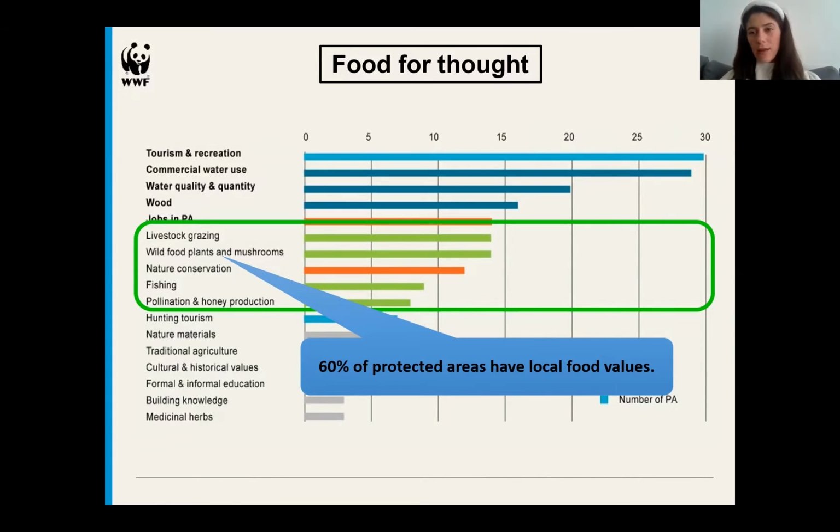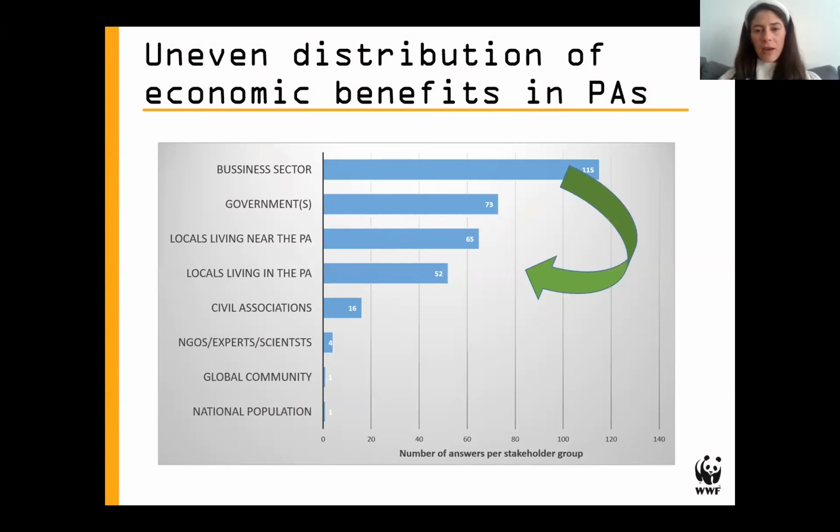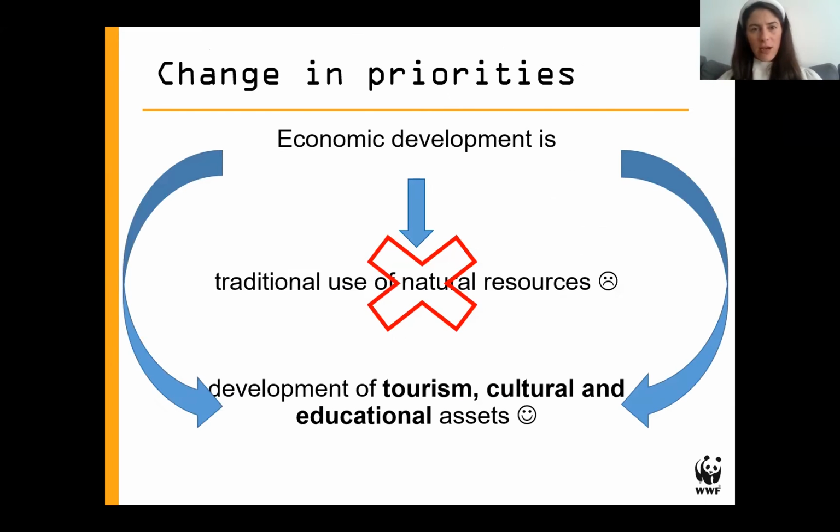Some strategies should be thought about on how to use it in a sustainable way, especially when we talk about medicinal plants. Here we can see that there is uneven distribution of economic benefits in PAs. We see that the majority is going to the business sector and the governments, and that the shift should be to the local community. This tool also enables us to see this on a regional, national, but also on a local scale for an individual protected area.